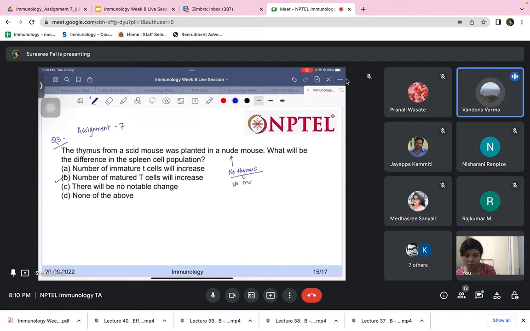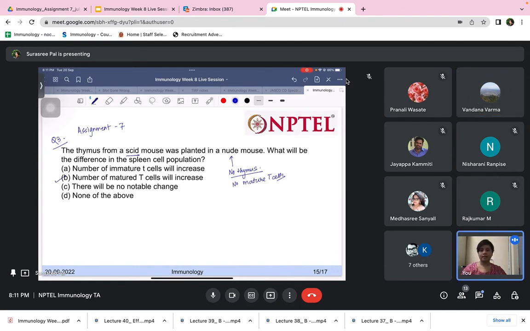So if the thymus is planted in such a nude mouse, then even the T cells will mature normally. Can you elaborate what is a SCID mouse? Severe combined immunodeficiency mouse. In this mouse, both the B and T cells are deficient.